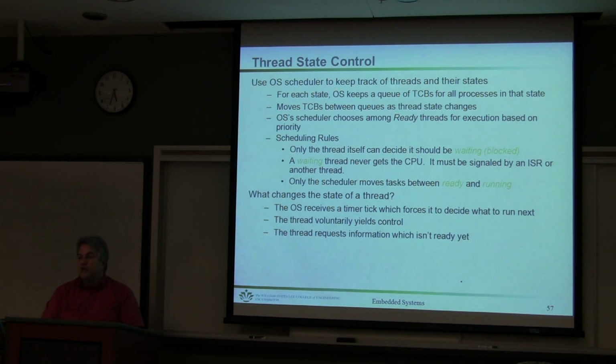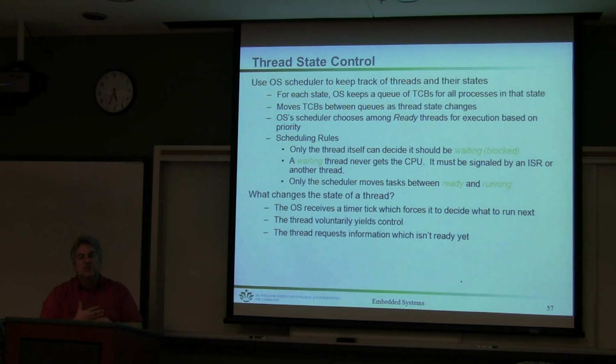So again, the operating system, to keep track of everything, needs to keep a queue associated with, oh, I've got these 7 tasks or these 7 threads that are in the waiting state, and I've got these 5 that are in the ready state, and of course there's only 1 that's in the running state.